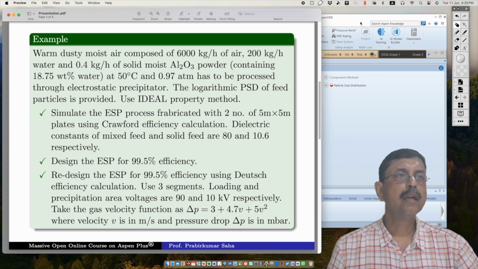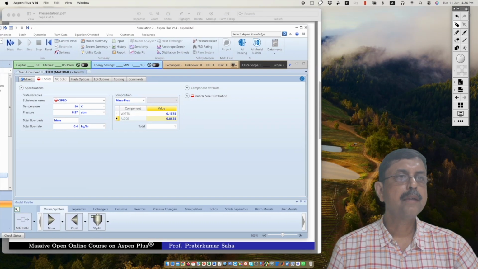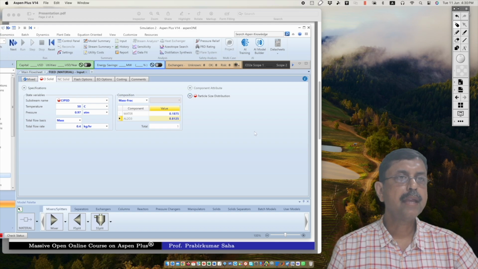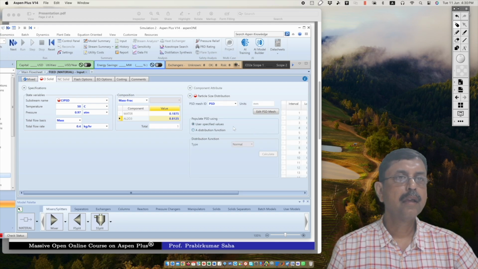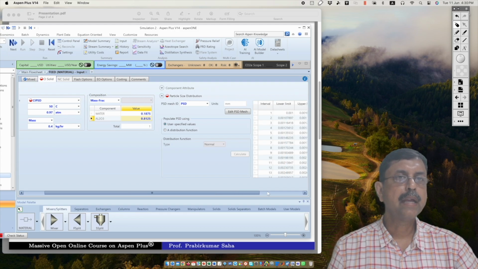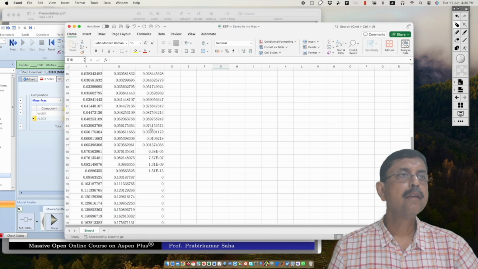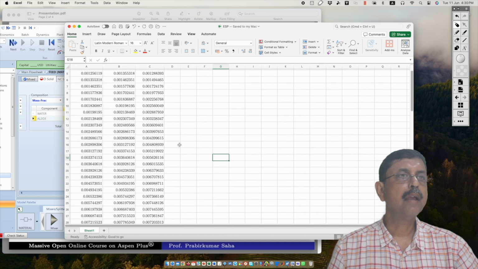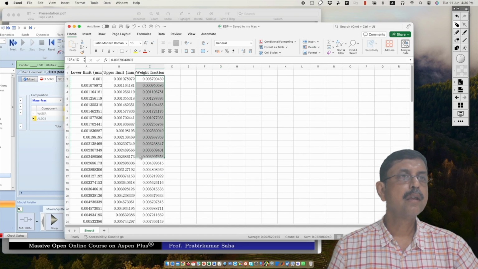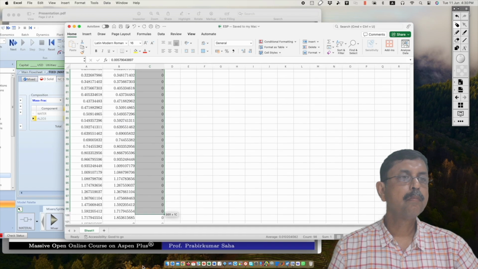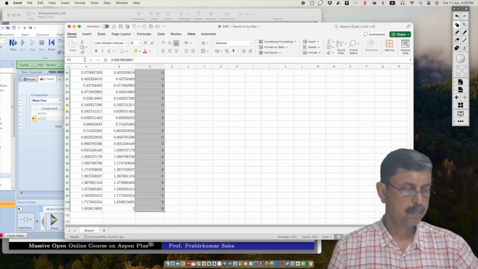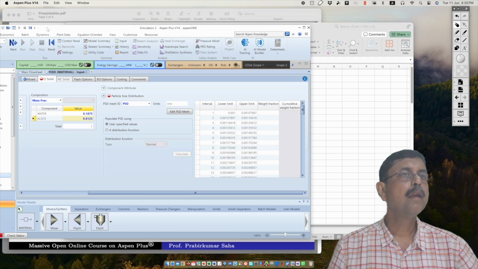Now the logarithmic PSD we have already set. Now we have to provide the data. And this data is there already. We have it over here. So we will just copy it and paste the values.